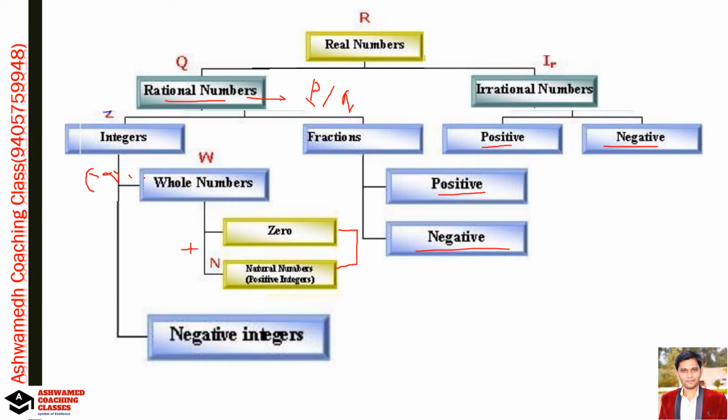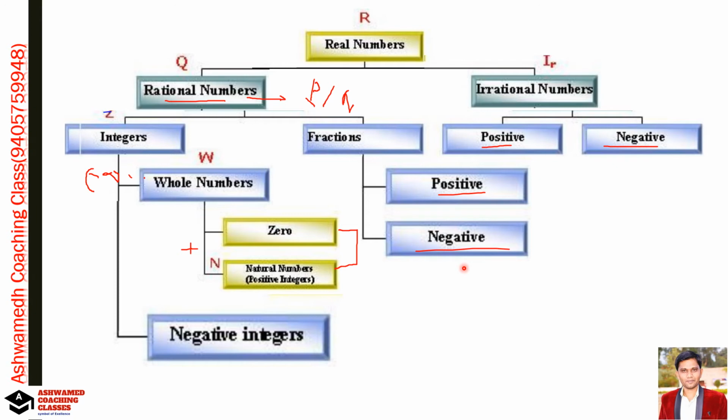So from this T diagram you can understand the set of numbers: real number, then rational, irrational, then integers, fraction. Whole numbers contain zero and natural numbers, and there are negative integers in the integers. Fractions are in the rational numbers also, and are positive or negative.